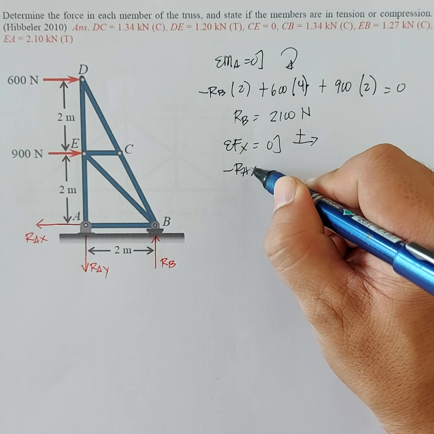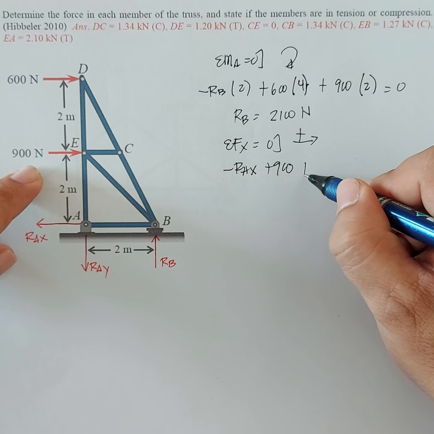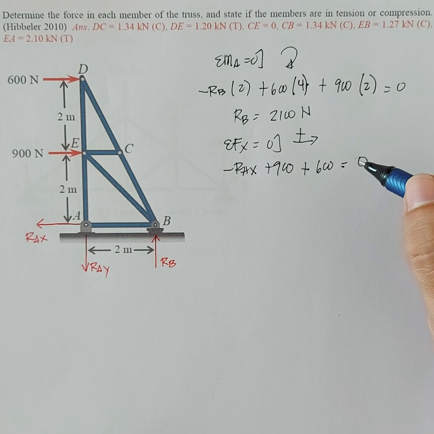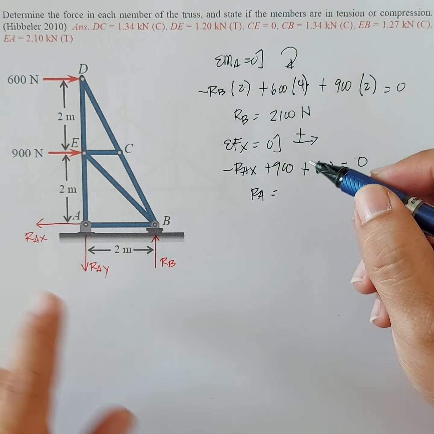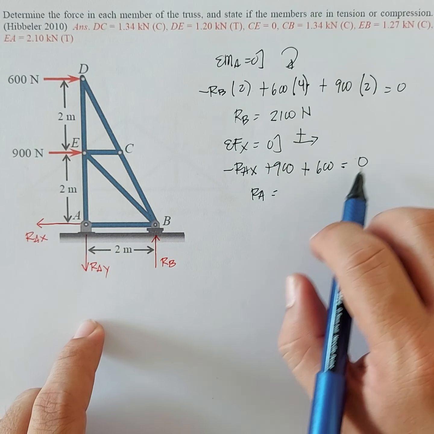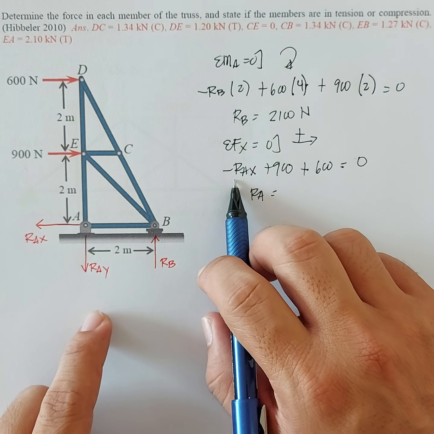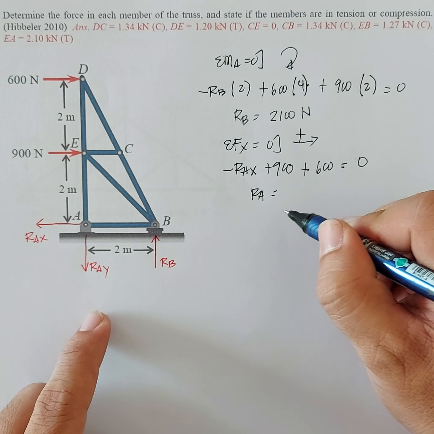So RAX plus 900, okay, plus 600, and that is equal to 0. So RAX, tama yung assumption ng direction, ilipat natin yan, maging positive na yan, because RAX is negative in this part of the equation. So RAX is 1,500 newtons.